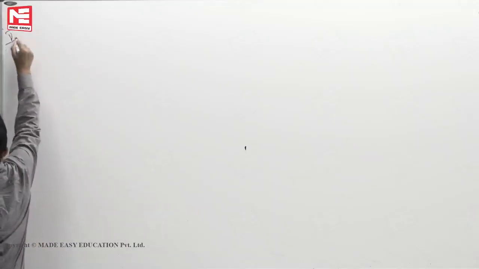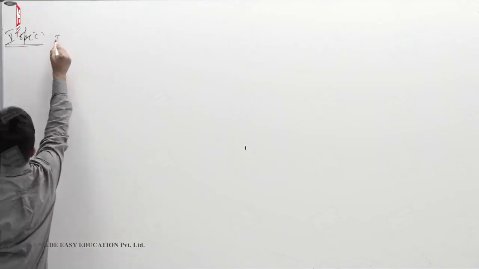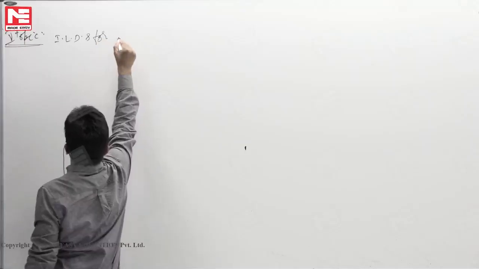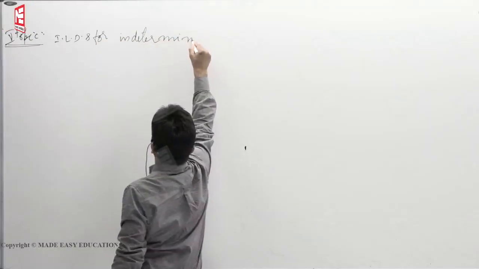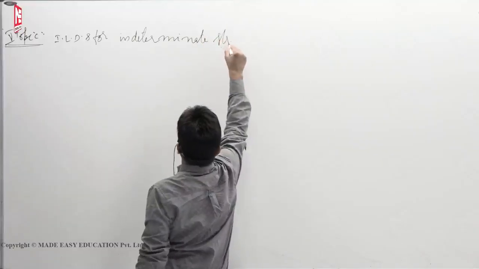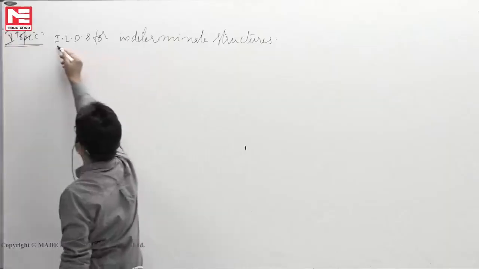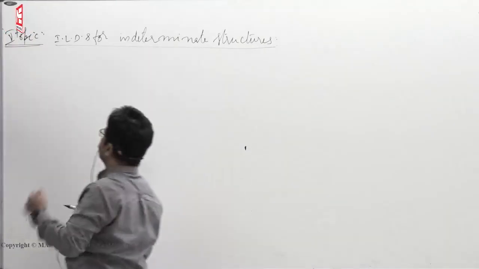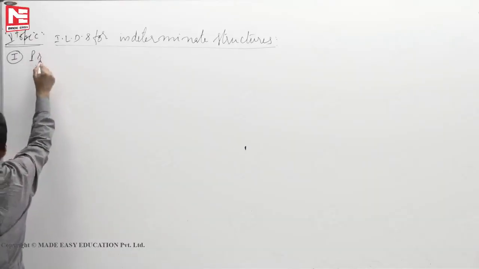Now, fifth topic, influence line diagrams for indeterminate structures. In this, first one, we will see the propped cantilever beams.